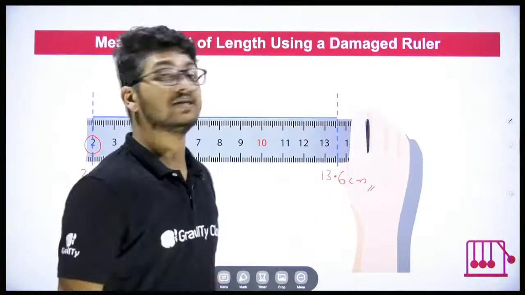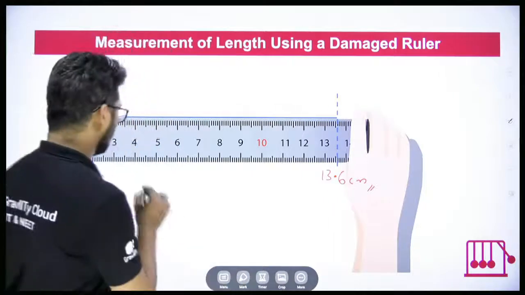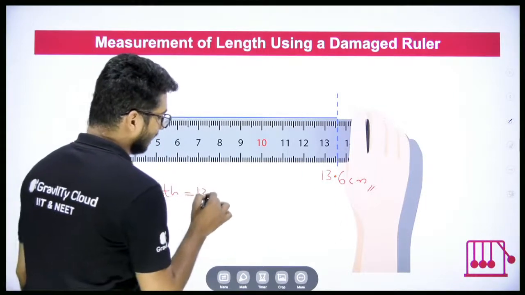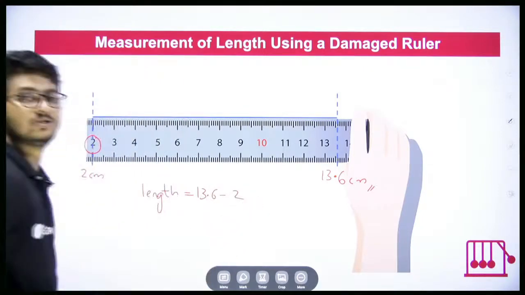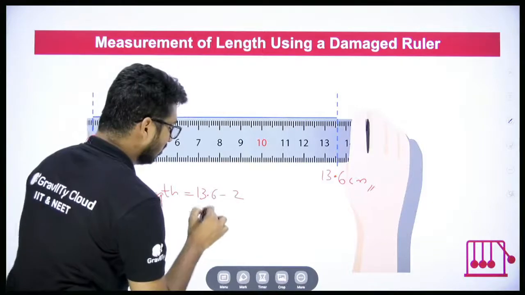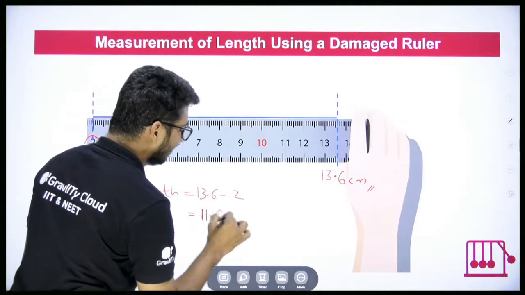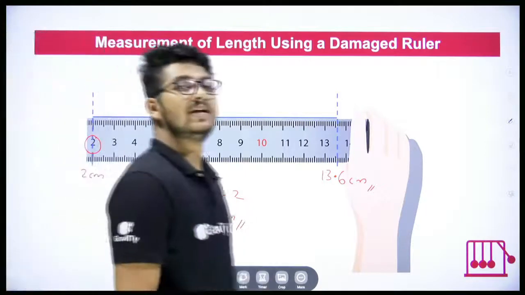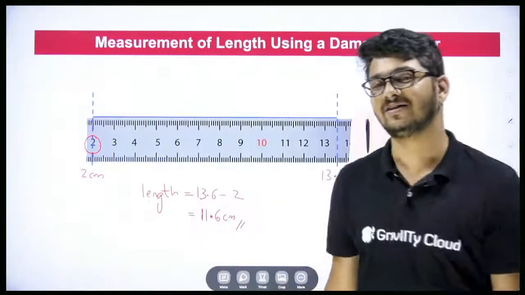Is it 13.6? No. For length, what you will do is subtract them. 13.6 minus 2. You subtract both the readings. How much is that going to be? 11.6 centimeter.